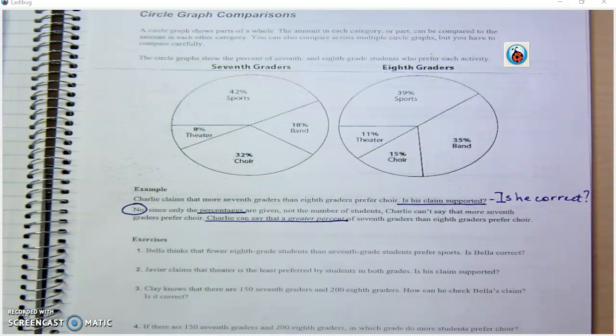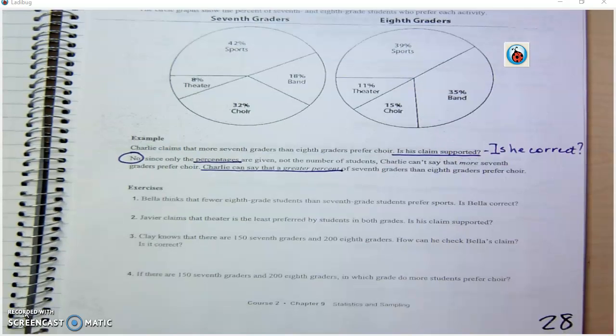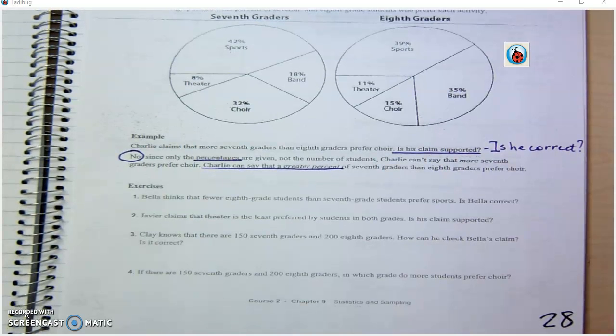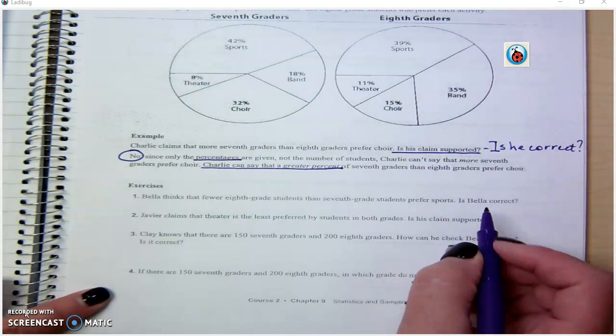Okay, so if we do have the quantity, we definitely can analyze. So let's take a look at a couple of our exercises that follow this activity, these two charts. So we have Bella thinks that fewer 8th graders than 7th graders prefer sports. So again, guys, we're looking at the percent value. And so when we're saying, is Bella correct?